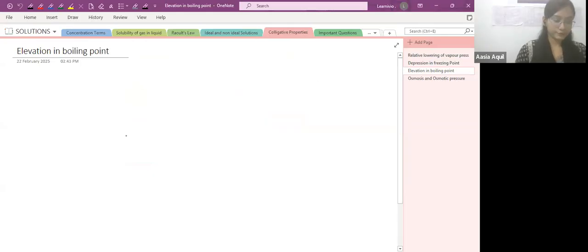Elevation in boiling point. What is elevation in boiling point? Basically, it is denoted by delta TB, okay? And delta TB is equals to KB into M. Remember the relation. Delta TB equals to KB into M. So here, delta TB is your elevation in boiling point.